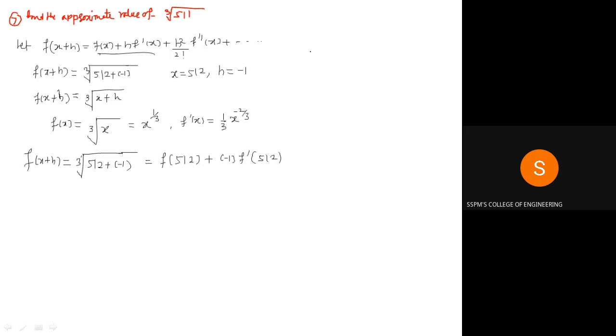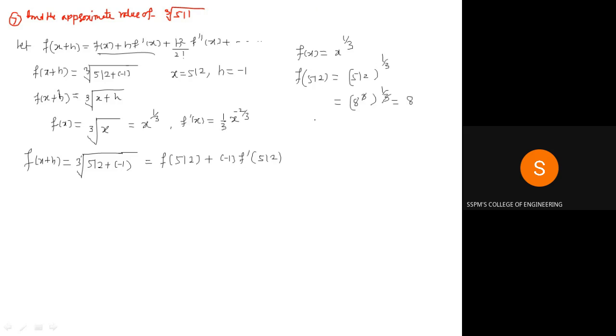So f of x is what? x raised to 1/3. तो f of 512 मतलब क्या मिलेगा? 512 raised to 1/3 and 512 is cube of 8, that is 8 cube raised to 1/3. So after simplifying you will get the 8. तो ये 3 और ये 3 cancel होता है. So 8 is the pure value.